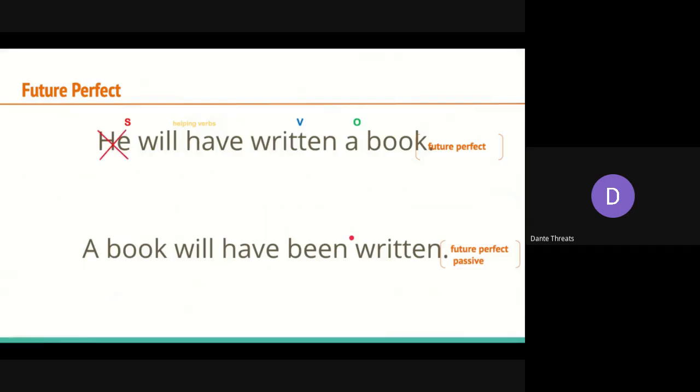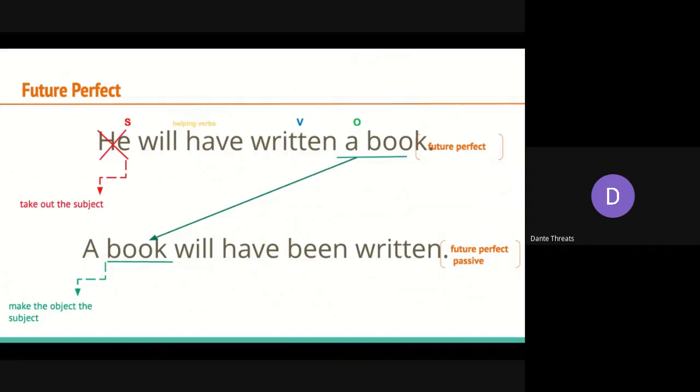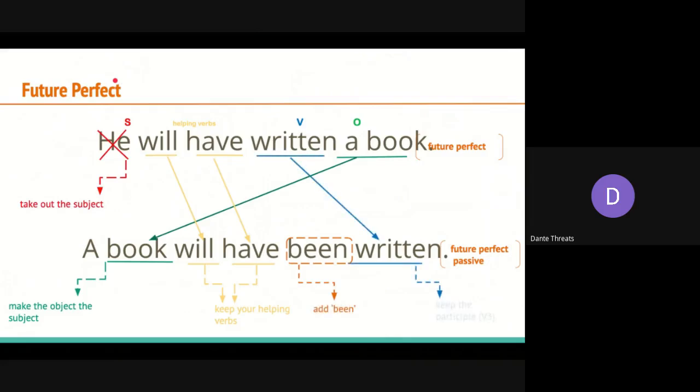So again, we first take out the subject, make the object the subject. We keep both of these helping verbs and add been because it is the perfect tense. And then we keep the participle. Okay?